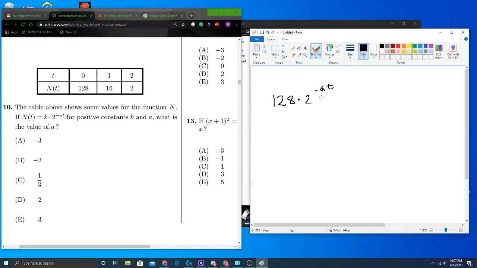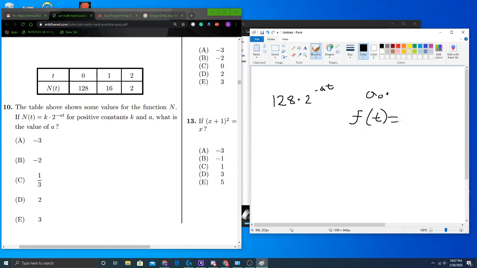With these exponential decaying growth functions, you're going to have a0. We'll start at a0, and that is the starting number times some factor. We'll do the function in terms of t.